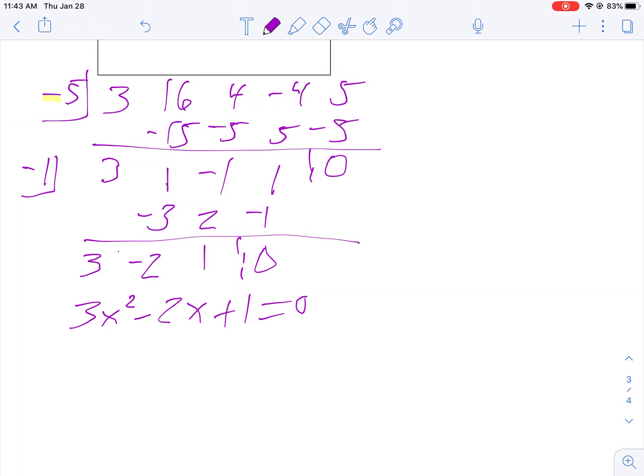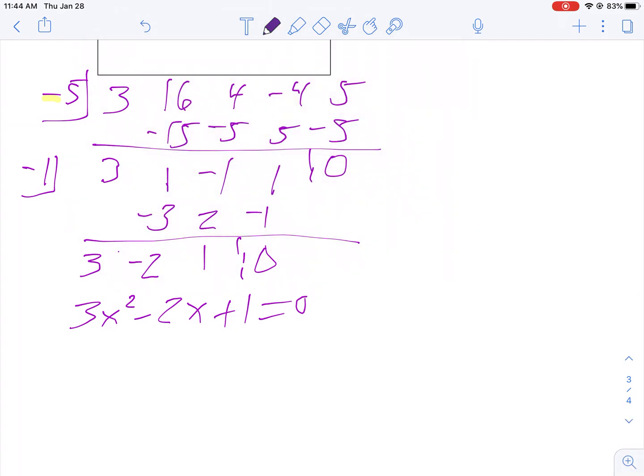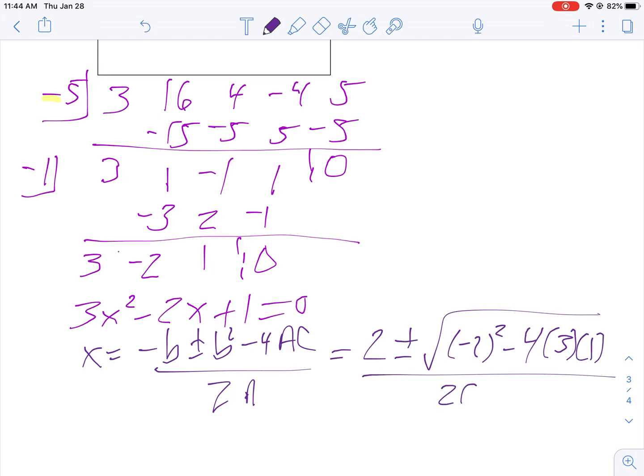So now we're going to use our handy-dandy quadratic formula. That's where we're going to get our complex, our irrational roots. So we know x equals negative b plus or minus the square root of b squared minus 4ac all over 2a. So in this case, the opposite of negative 2 is positive 2, plus or minus the square root of negative 2 squared, minus 4 times a, which is 3, times c, which is 1, all over 2 times 3.